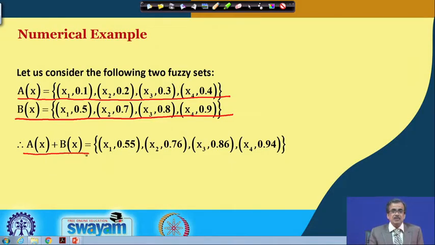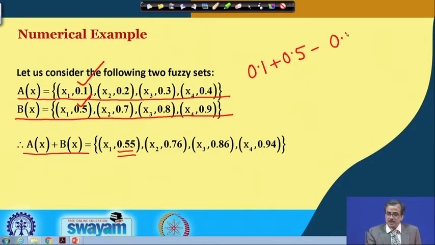Now, as I told, to find out the membership value corresponding to x 1, what you will have to do is you will have to add this particular membership function value to this particular membership function value, and then we will have to subtract this multiplied by this. So, what you can do is, 0.1 plus 0.5 minus 0.1 multiplied by 0.5.